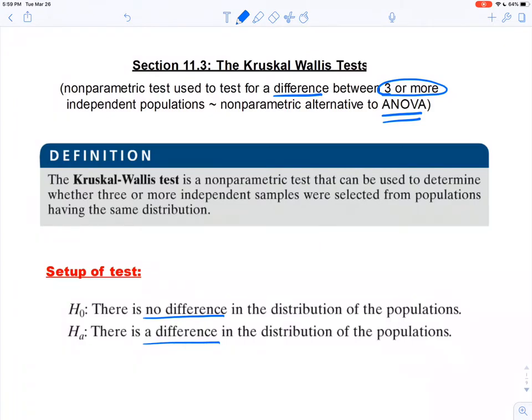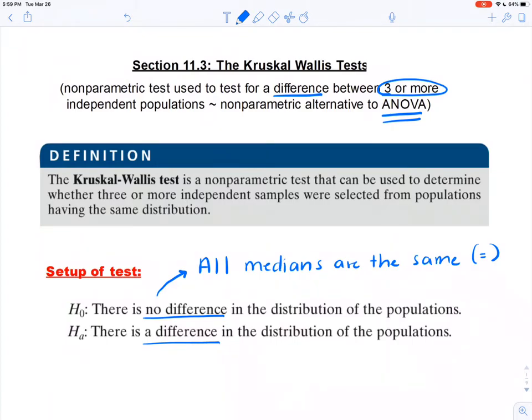So one thing you do want to remember here is when you perform a non-parametric test, you can also look at this as testing the value of the median and even comparing the values of the medians. So an alternative way to state this, if there is no difference between the populations, this is the equivalent to stating that all of the medians are the same or equal for the different groups, right?